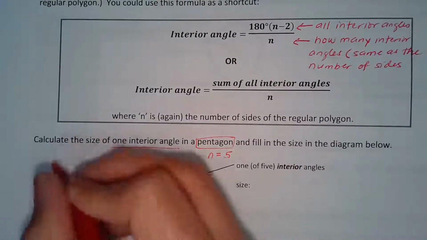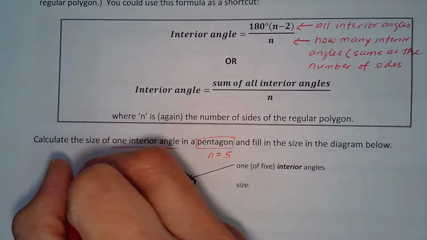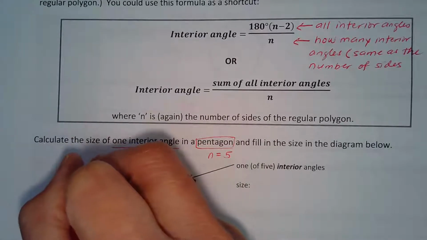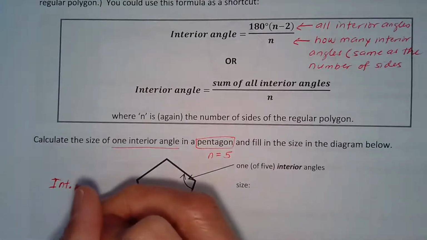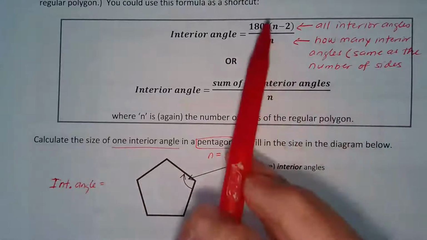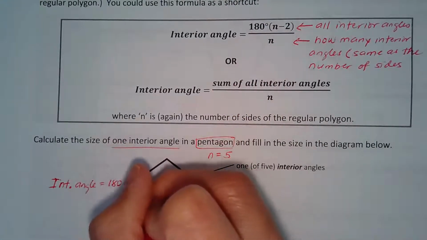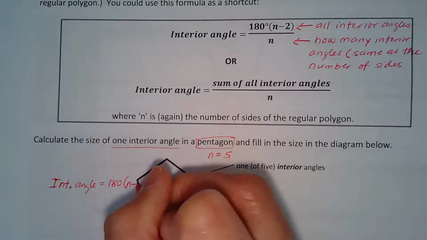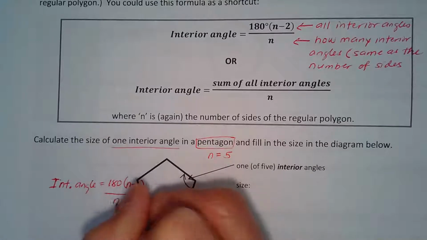Interior angle, I'm just going to put INT, shorthand for interior angle. And if we use the formula here, 180 times n minus 2 divided by n.